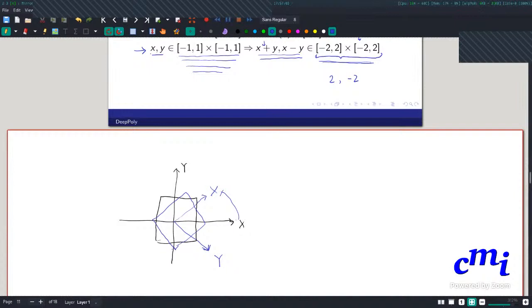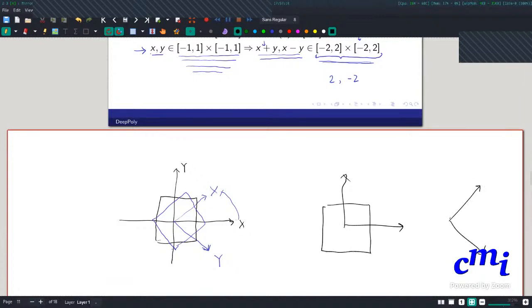Is this an okay visualization? Because what's happening is the x-axis is going to some axis with this sort of alignment, and the y-axis is going to some axis with this sort of alignment. So a box like this ends up being a box like this. But remember, our interval abstract domain is only going to be some bound on the x values and some bound on the y values.